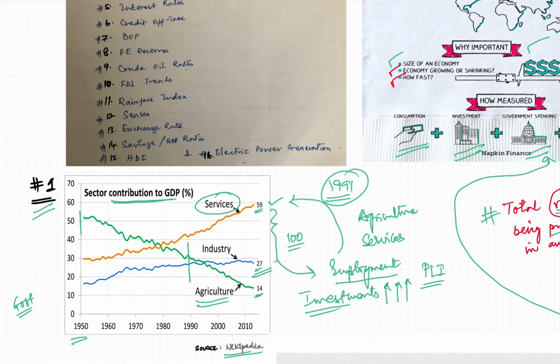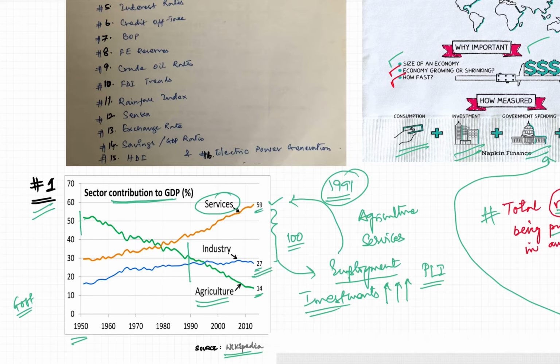Though it has been contributing to GDP, the contribution has been falling since the 1950s, that is from the first five-year plans, till 1991. It dropped down to 14% of the total contribution to GDP in the year 2010, that is a decade back. These are decadal studies.